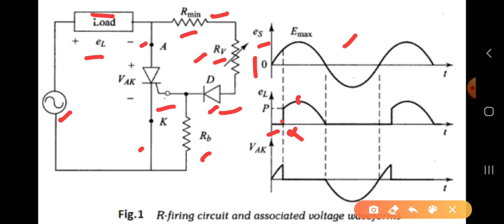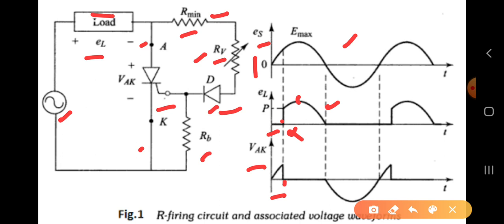SCR turn on means it will start conducting the current and the load will be applied with the waveform of this. So at the load side we are getting this voltage waveform where your SCR starts conducting. Below you can similarly see the waveform, that is VAK, the voltage across the anode and cathode. Initially you can see alpha, so you have fired at this point, and before that the voltage across the anode and cathode is very high, meaning it is not conducting.